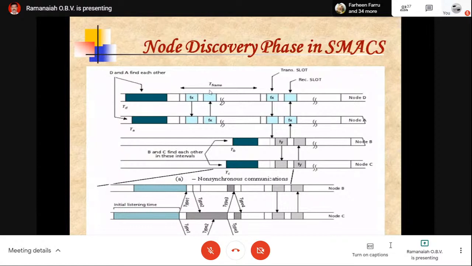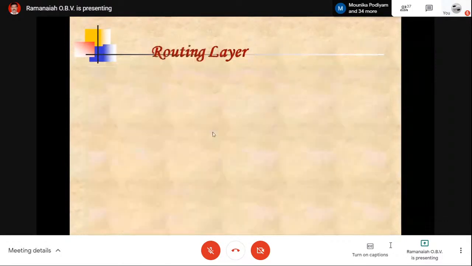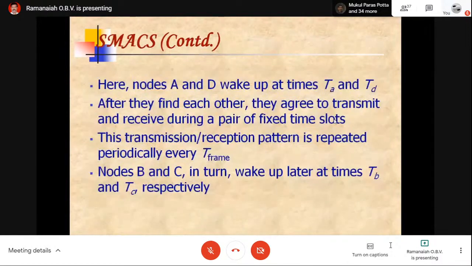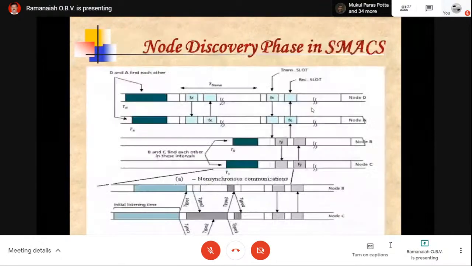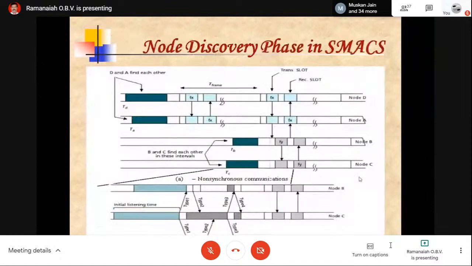So the sensor nodes operate in the form of a fixed interval called a T frame, right? So here you can see the illustration. This is between A and D in the diagram. A and D neighbors, and this is B and C in the diagram. B and C are neighbors.